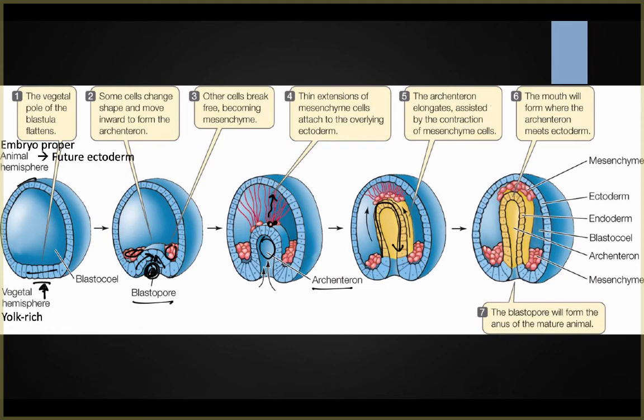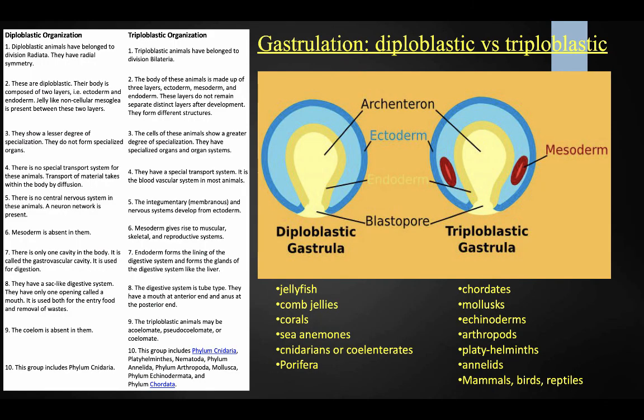So at the bottom here, we have three germ layers: the mesoderm, the ectoderm, and the endoderm on the inside. This blastopore here will end up becoming the anus. And then at the top, because you have this mesoderm here, this will end up becoming the mouth. So this is more complex.